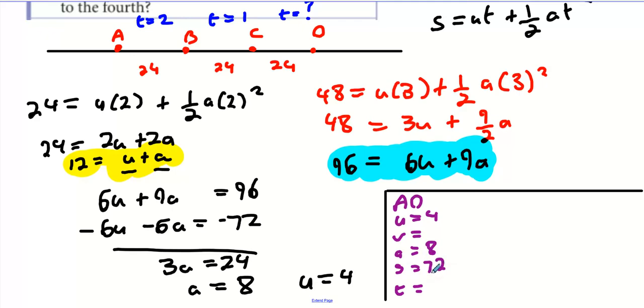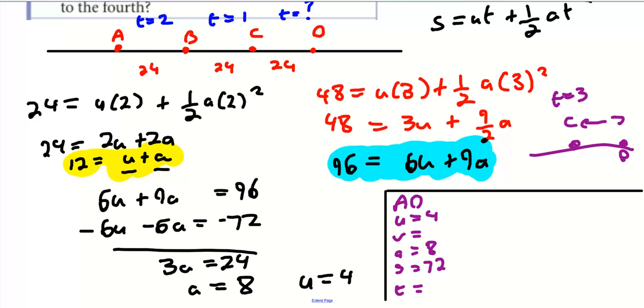Take away 3 seconds, can't I? Because when you're starting at C, you're already 3 seconds in. And when you finish at D, you want the time in between C and D. Well, if I find the time from A to D, I can figure out that way. Now, you have a choice here.